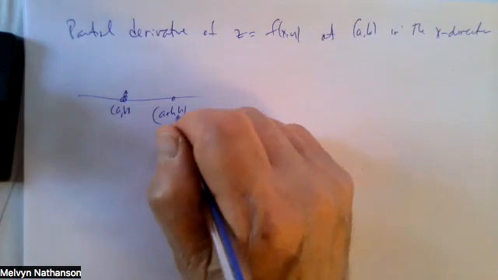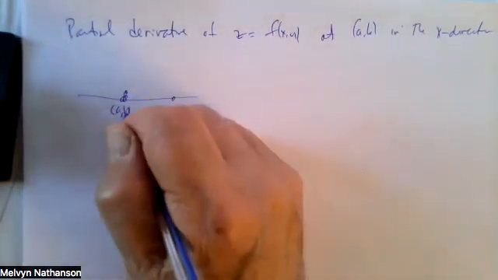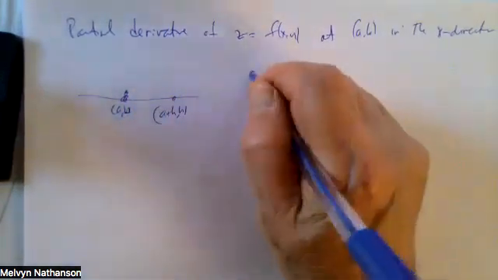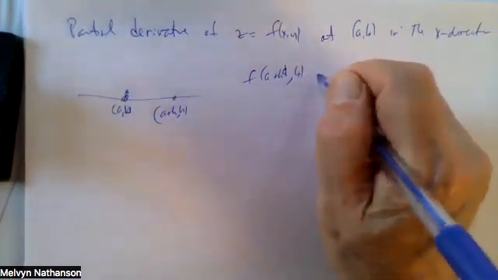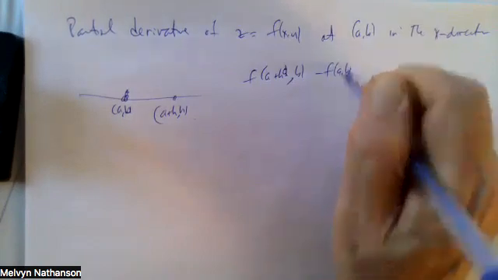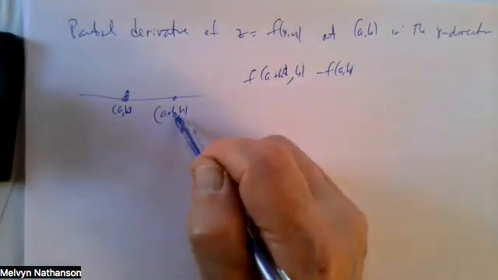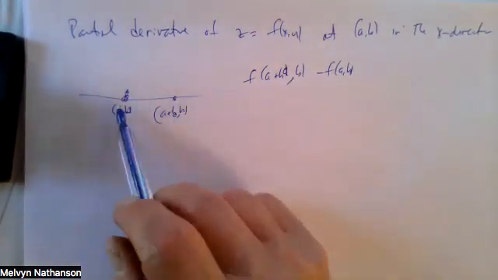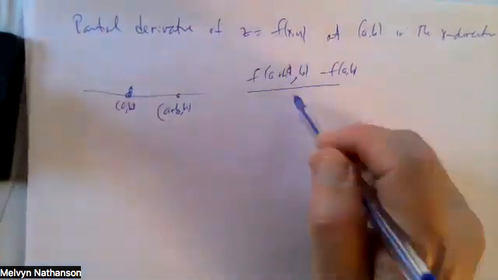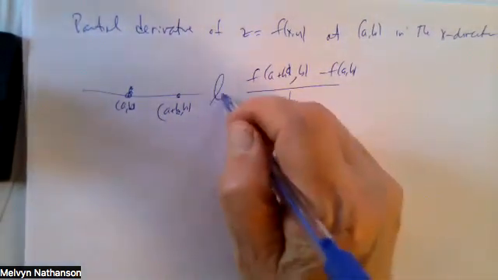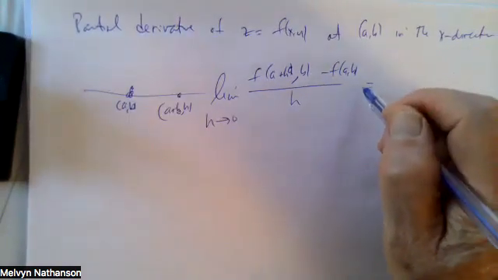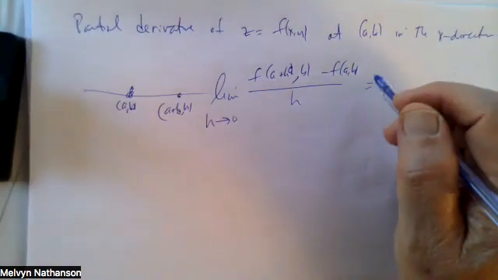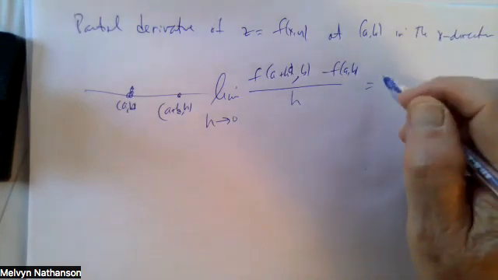The h can be positive or negative, to either side. And we look at the difference, f of a plus h comma b minus f of a, b. That's the difference between the value of the function here and the value of the function there, and divide it by h, and take the limit as h goes to 0. And this is the partial derivative of f with respect to x at a, b.